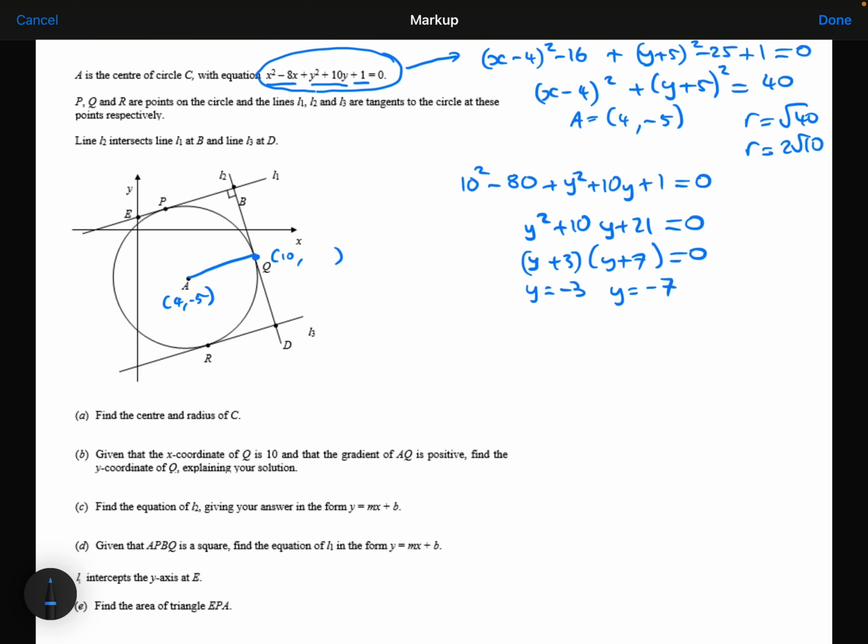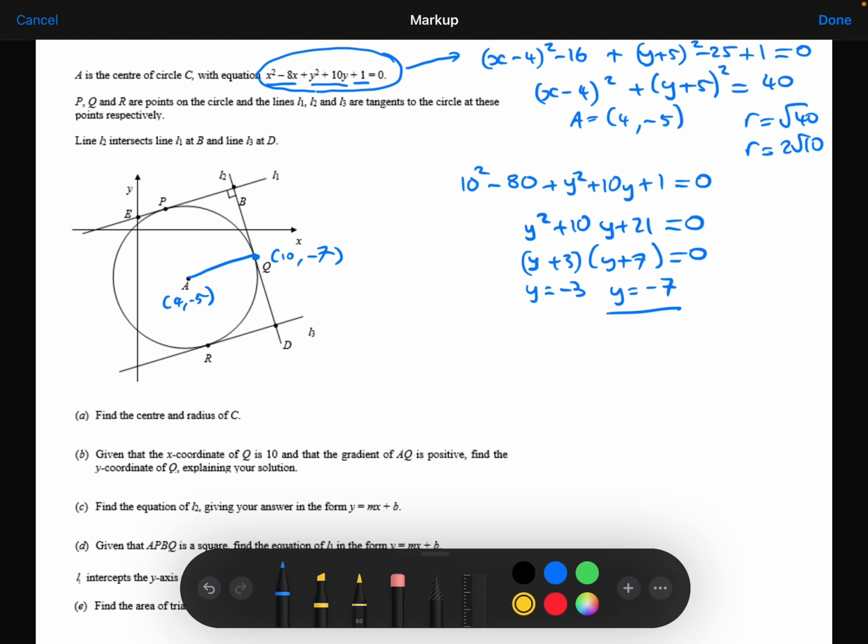So now I need to think which one of those is appropriate for point Q. Well, if I said that y was minus 7, that would be wrong, because then the line AQ, if this point here is minus 5 and this point here is minus 7, then that's gone down.